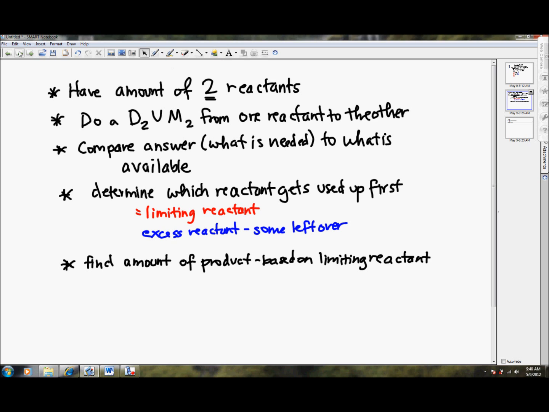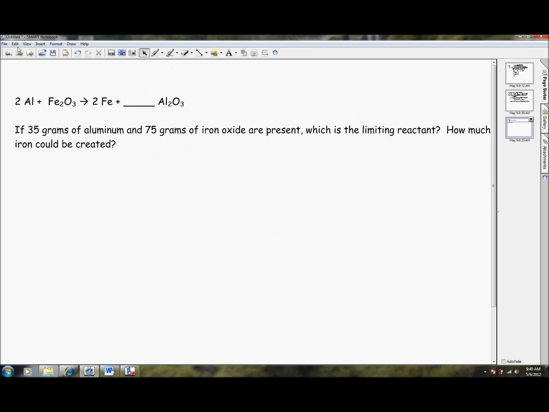Alright, so let's take a look at this. This is the piece of information you need. You will need a balanced chemical equation. If you look at the problem, aluminum and iron oxide are the reactants.